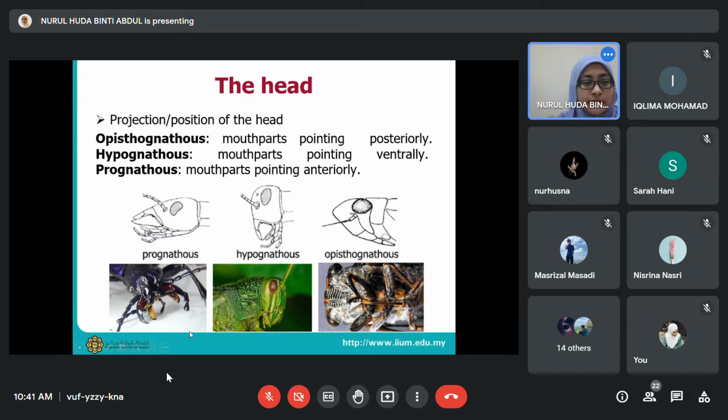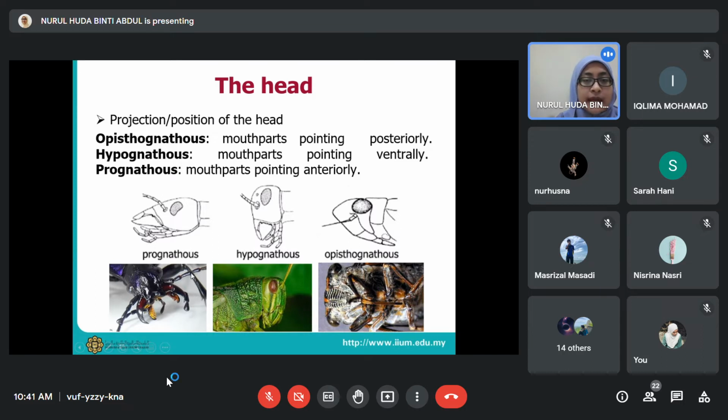And another group is prognathous, where the mouthpart is pointed anteriorly, to the front. Most of the predators, most of the beetles, have mouthparts pointing anteriorly. But not all.